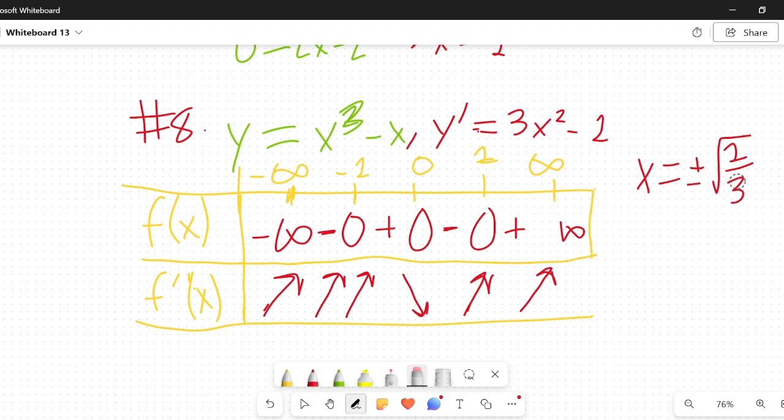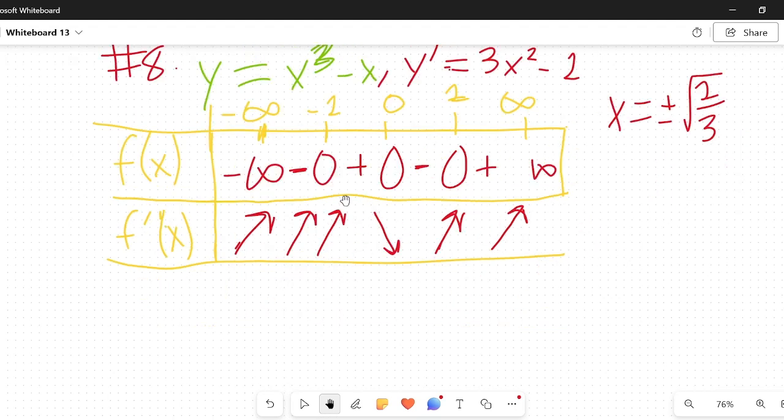Between negative square root of 1/3 and positive square root of 1/3, it is going to be decreasing. And on the interval from positive square root of 1/3 to infinity, it is going to be increasing once again. So based off of this, we can determine the intervals, and then we can determine the extrema.